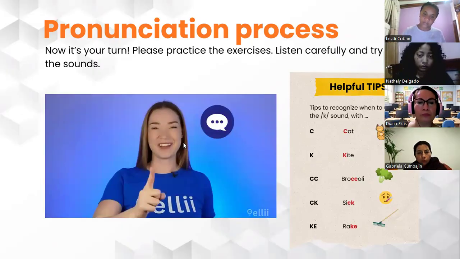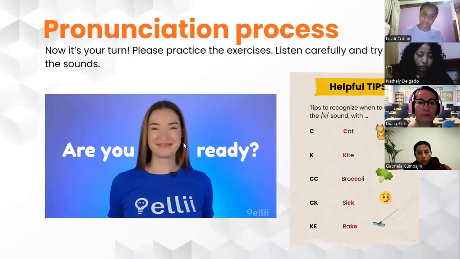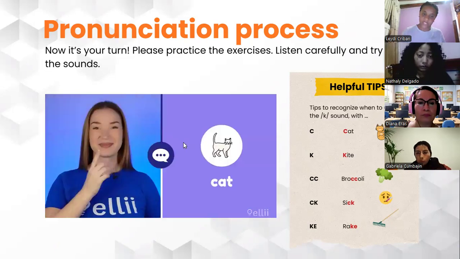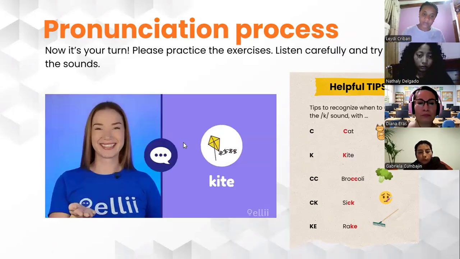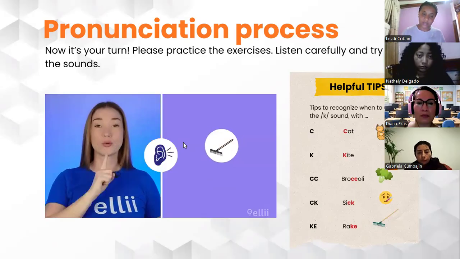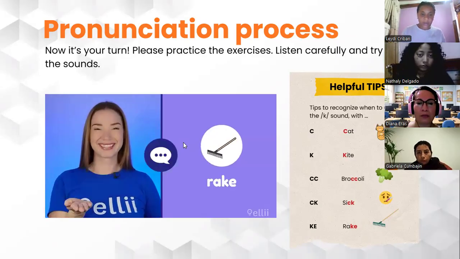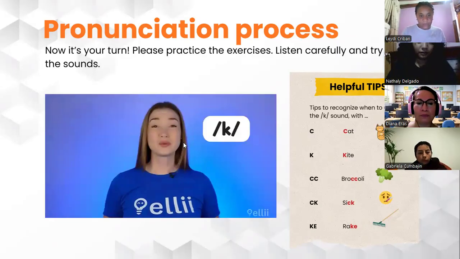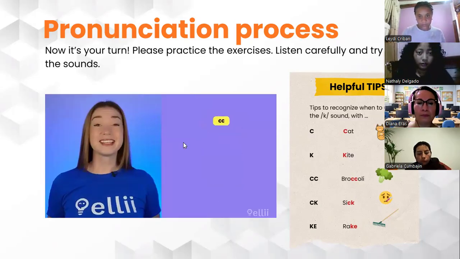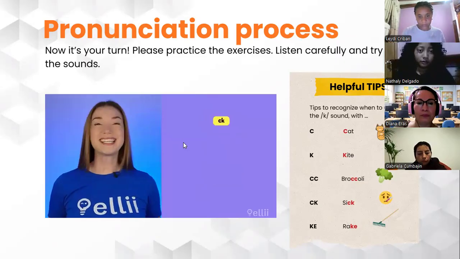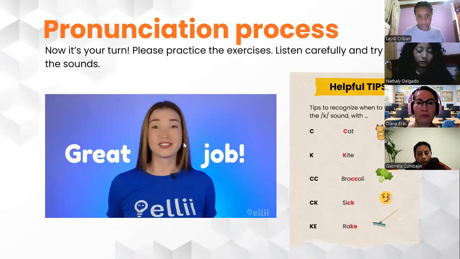Listen and repeat after me. Are you ready? Cat. Kite. Broccoli. Sick. Rake. The K sound can be spelled with the letter C as in cat, K as in kite, CC as in broccoli, CK as in sick, or KE as in rake. Great job. Well done.